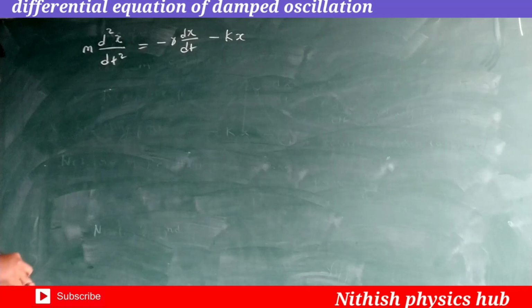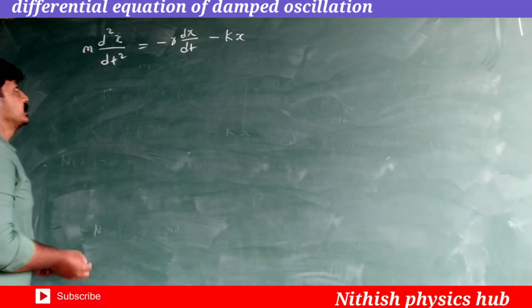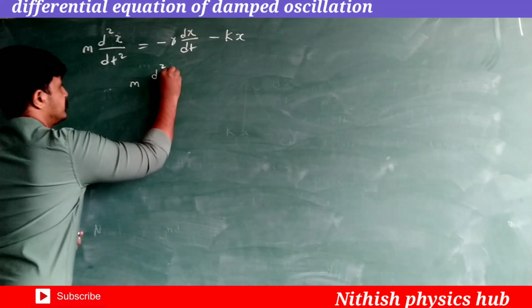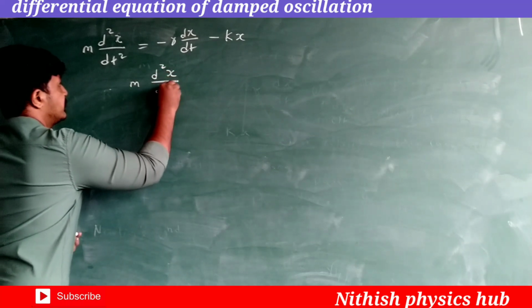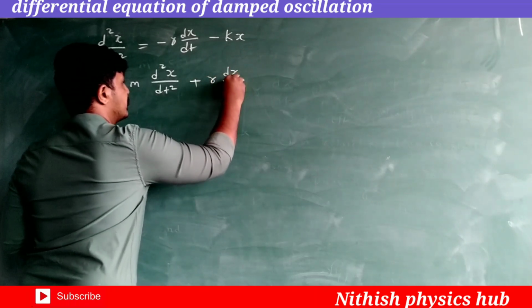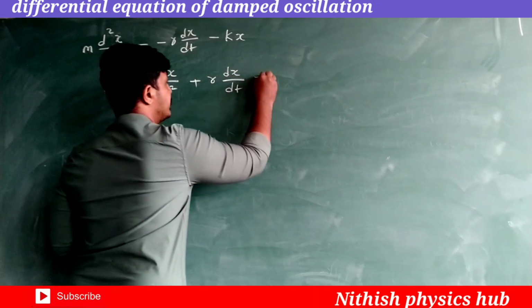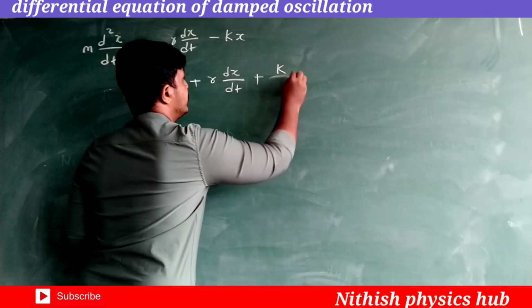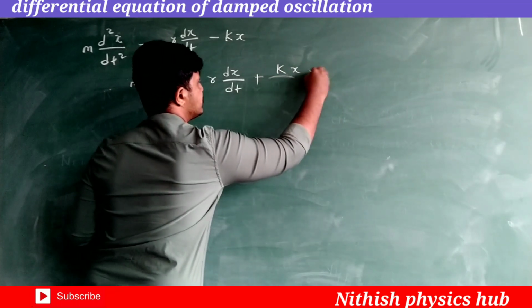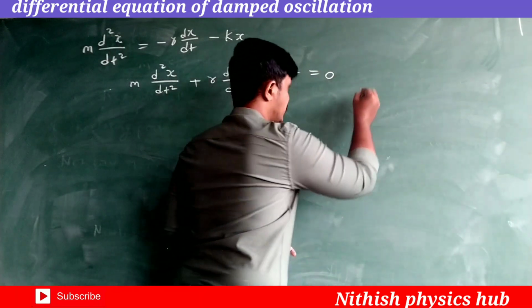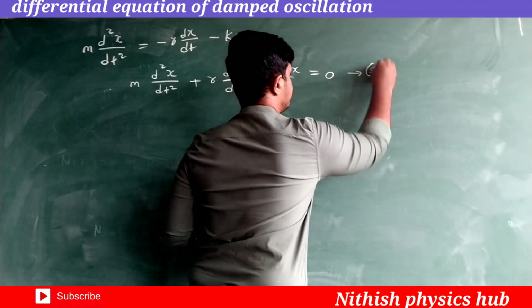If you shift the LHS and RHS to one side, it becomes m d square x by dt square plus r into dx by dt plus k into x is equal to 0. Write it as equation number 5.